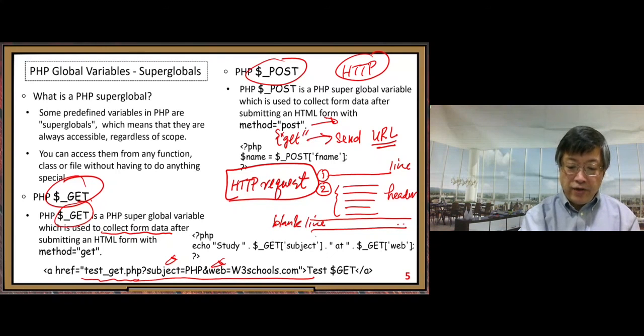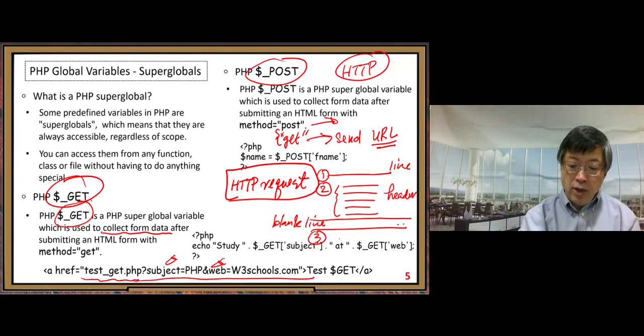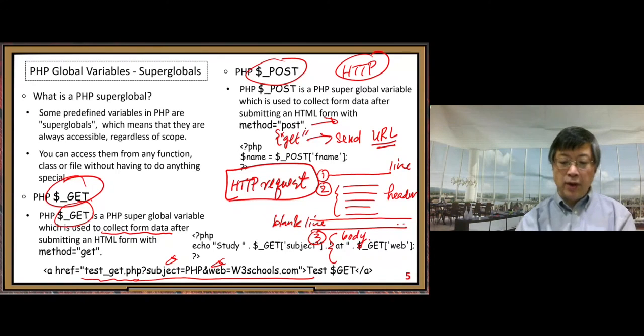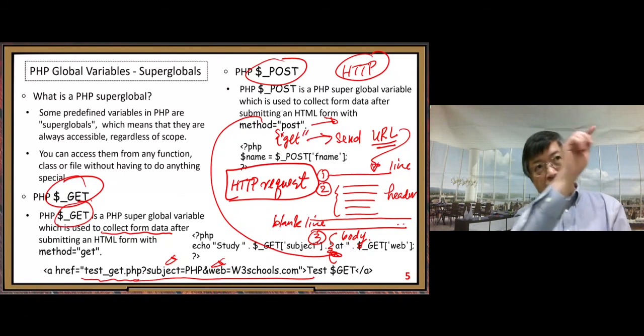Then the third part is optional, you may not need it sometimes, but that's the request body part. Post always sends data through the request body. Get always sends the data through the request line, because the URL is in the first top line of the request.